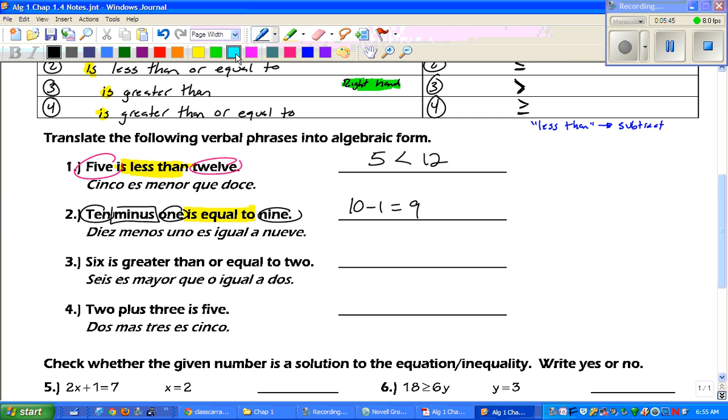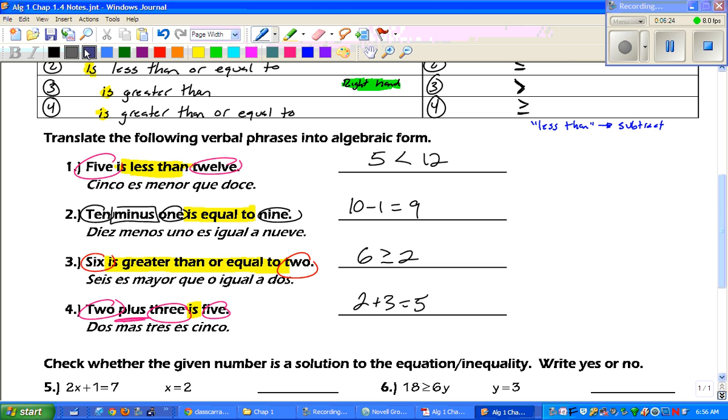Okay, you guys starting to get a hang of this? Let's look at the next one. We have 6 is greater than or equal to 2. So 6 is greater than or equal to 2. And the last one, we have 2 plus 3 is 5. So writing that down, 2 plus 3 is 5.